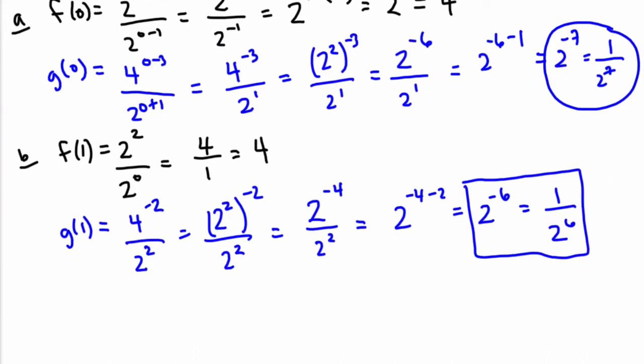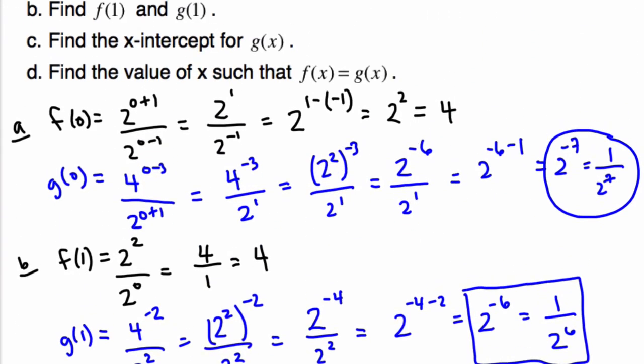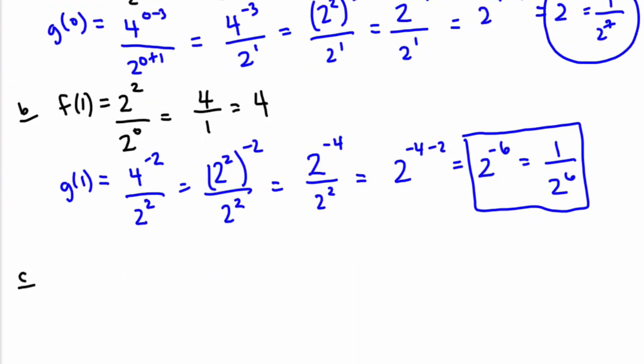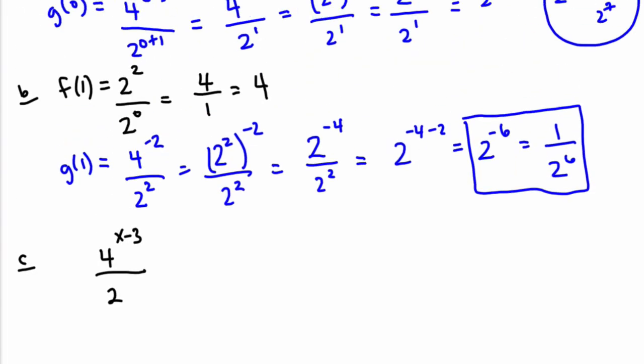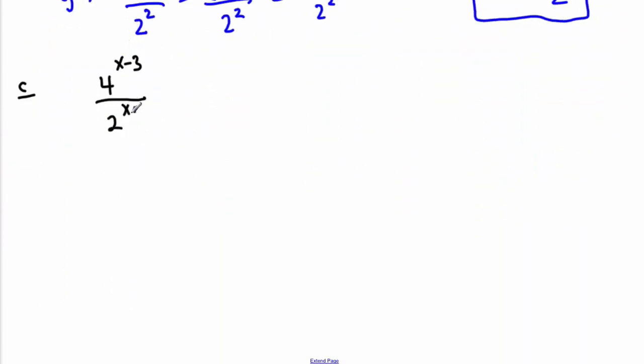All right, part C. Says to find the x-intercept for g of x. So 4 to the x minus 3, all over 2 to the x plus 1. X-intercepts happen when the y value is 0. So set it equal to 0.